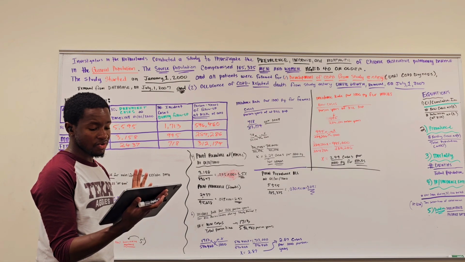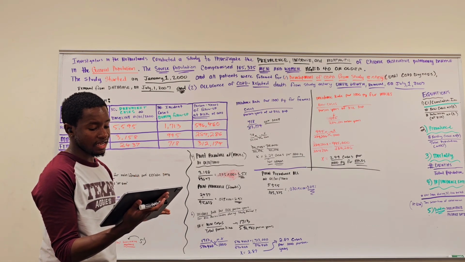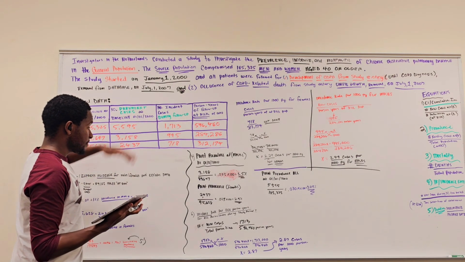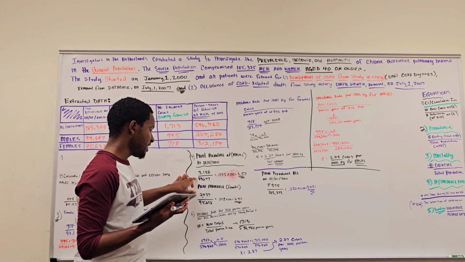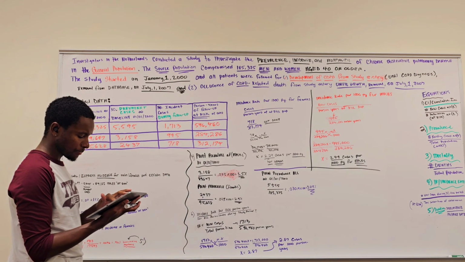And so to summarize the point prevalence of COPD amongst males and females at the baseline, we can say without a shadow of a doubt that on that day, the point prevalence was higher in males than it was in females on January 1st, 2000.